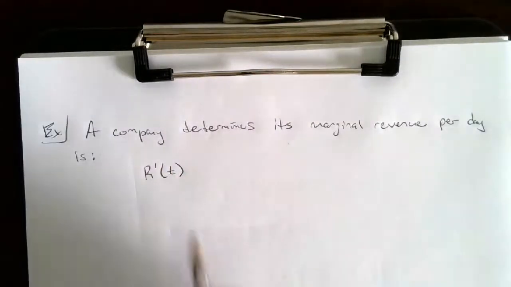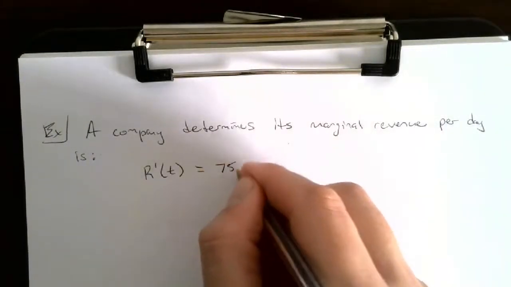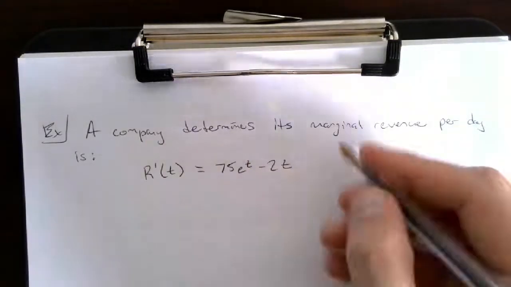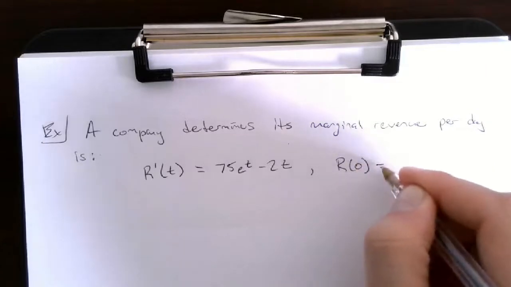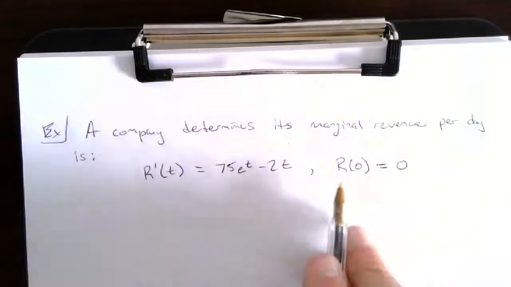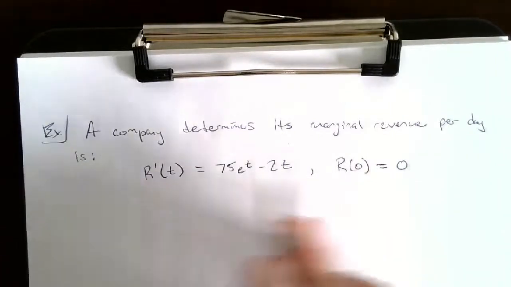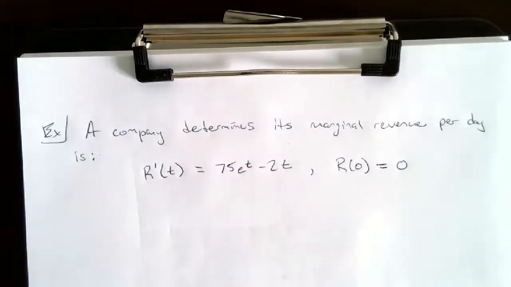Remember, marginal revenue is the derivative of revenue, so r prime of t equals 75e to the t minus 2t, and they also gave us this initial condition. They're saying r of 0 equals 0. So the revenue at 0 days, right, this is the original revenue function, not the derivative. The original revenue function at 0 days is $0.